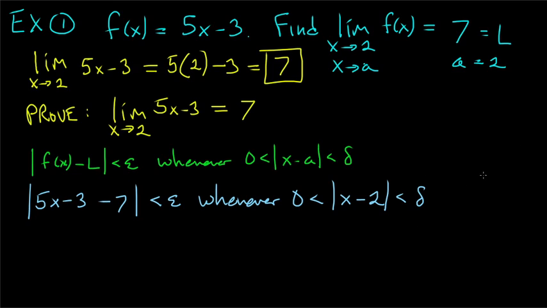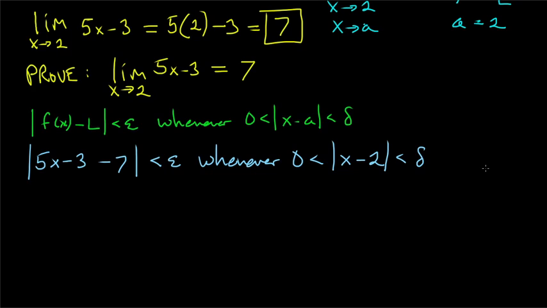Okay, so in order to show this, we need to find a positive number delta, which could, of course, depend on epsilon. So this might depend on epsilon, but it cannot depend on x. It can only depend on epsilon in some way.